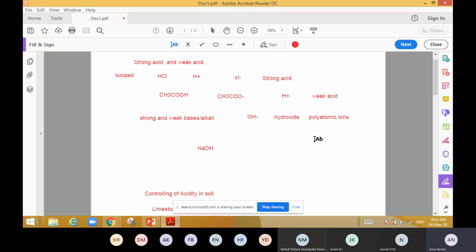Over here, if you see, oxygen and hydrogen are bonded to each other, connected to each other, and both of them share one charge, which will be written on the top, that will be a minus charge. So when any compound comes in this state, that is a polyatomic ion.